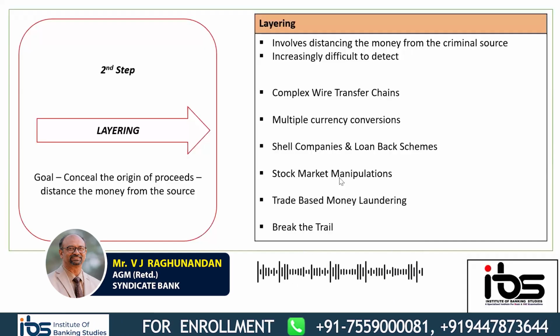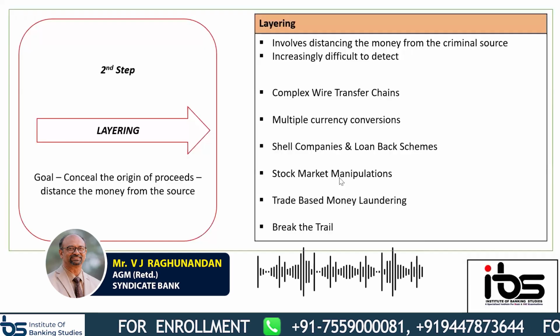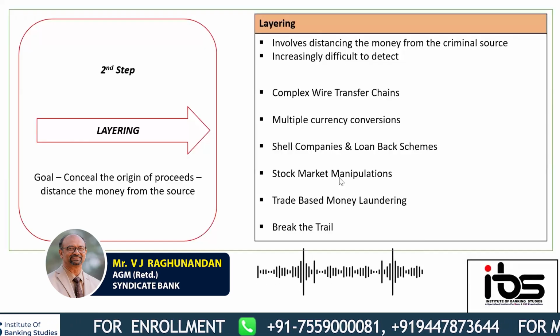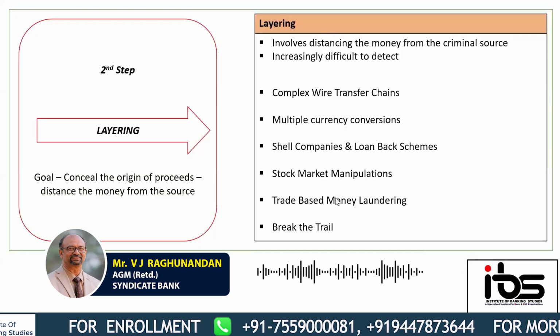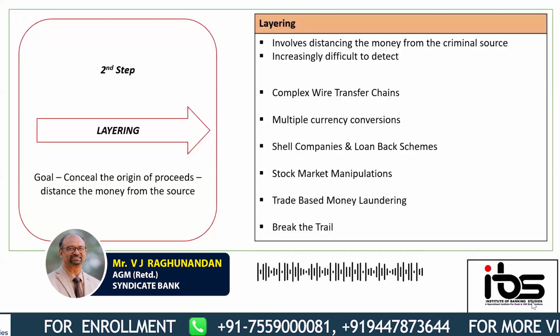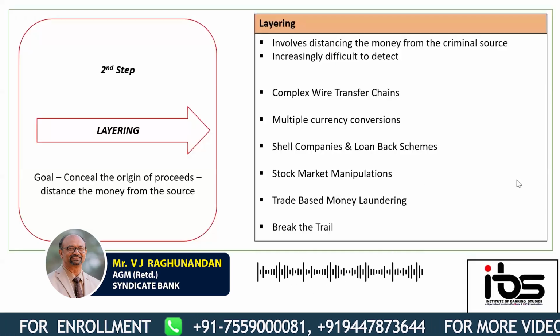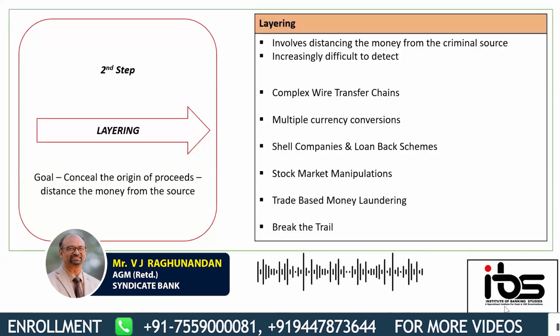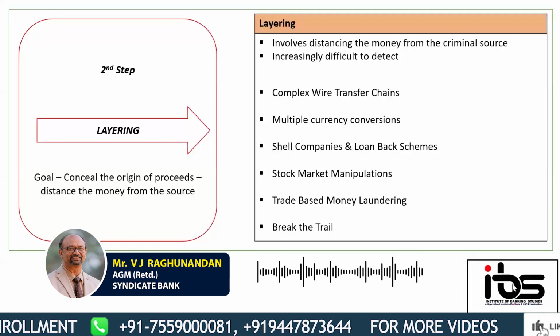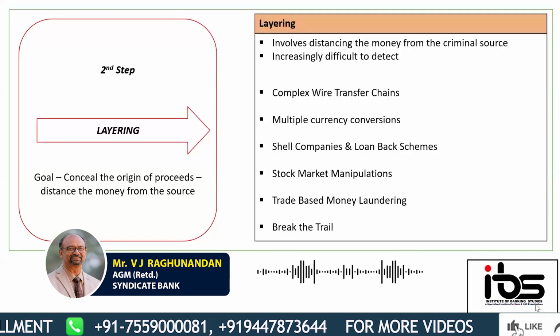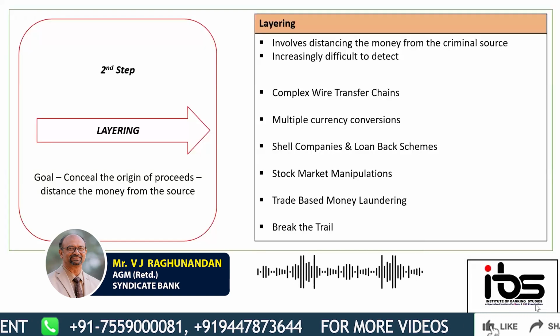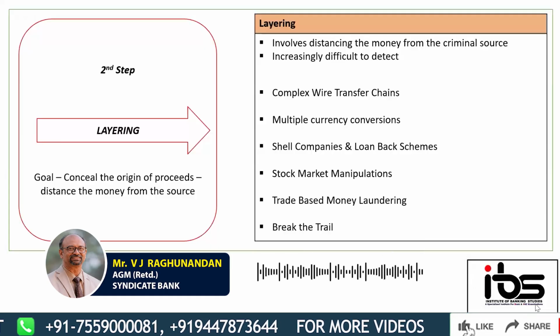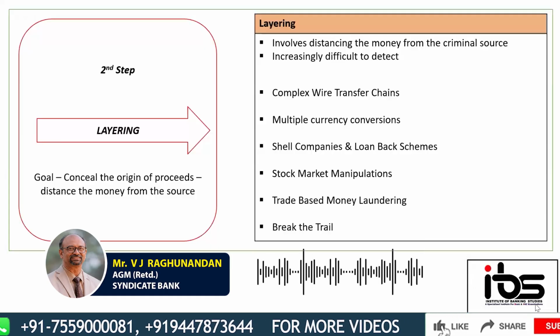Then multiple currency conversions. We were talking about this in the placement stage. Convert the earnings from illicit activities into different currencies again and again. Very difficult to know in which currency the money laundering has happened, right? Very difficult for us to find out. The money launderer converts the earnings from illicit activities into different currencies and again reconverts them into multiple currencies, right?